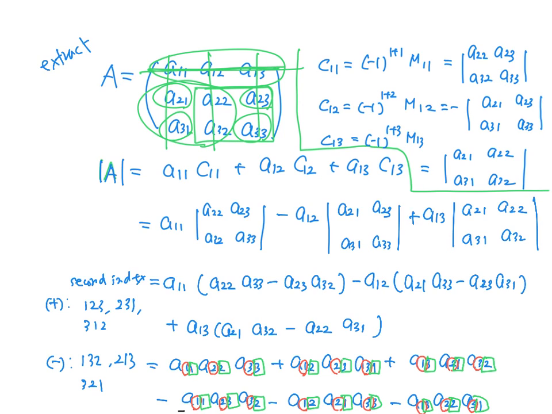So can you get something in common with this collection and this collection? Can anybody find out what is common for these three terms? 1, 2, 3, 2, 3, 1, 3, 1, 2. The negative terms also have this: 3, 2, 1, 1, 3, 2, 2, 1, 3.